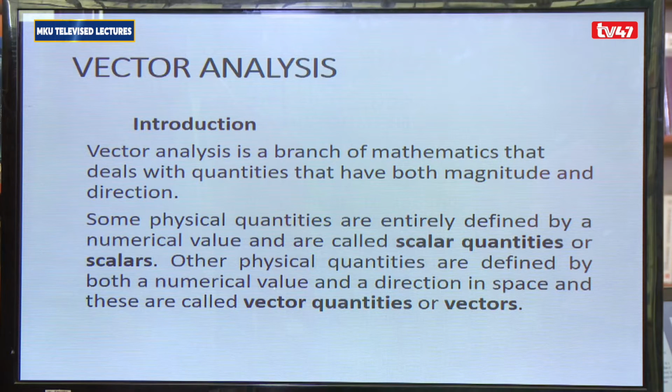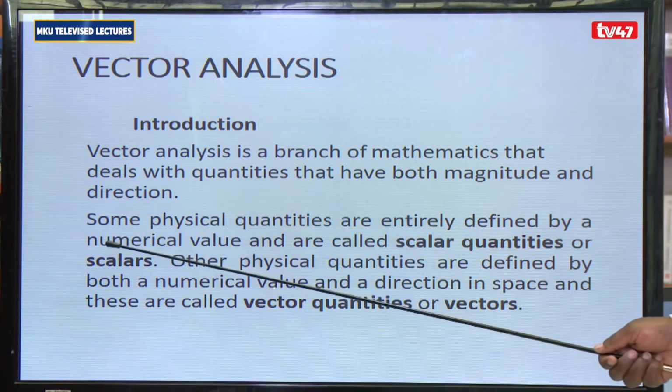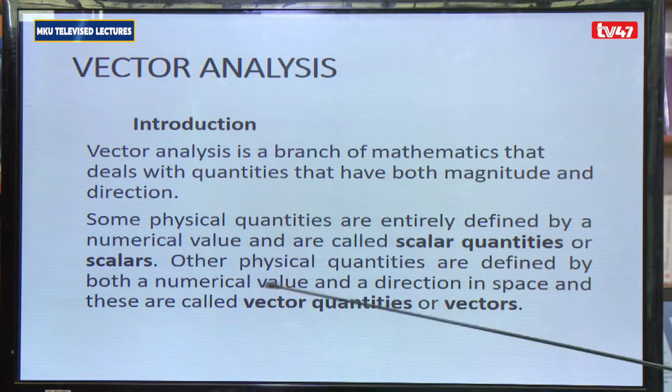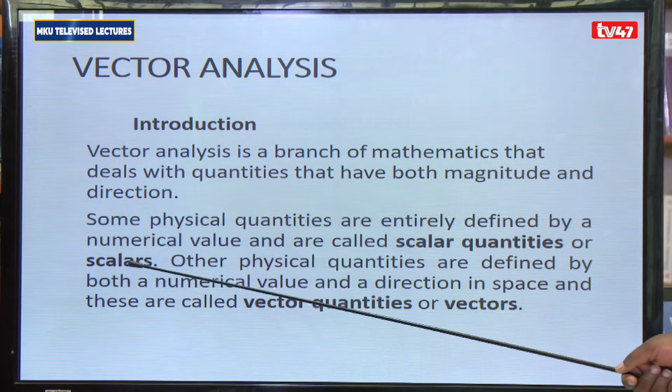An introduction to vector analysis. Vector analysis, as a definition, is a branch of mathematics that deals with quantities that have both magnitude and direction. Some physical quantities are entirely defined by numerical values and are called scalar quantities, or simply scalars.